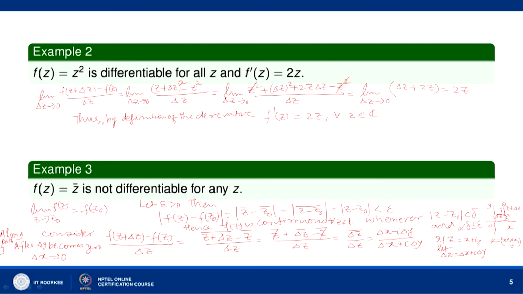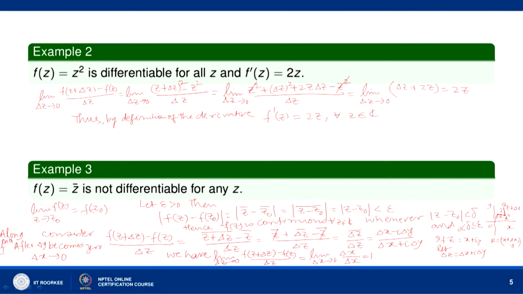So, delta x tends to 0. So, when delta y becomes 0, then delta x tends to 0. So, along path 1 the quotient approaches, we have, limit delta z tends to 0, f(z plus delta z) minus f(z) divided by delta z, equal to, delta y has become 0, so limit delta x tends to 0, delta x by delta x, and therefore 1.